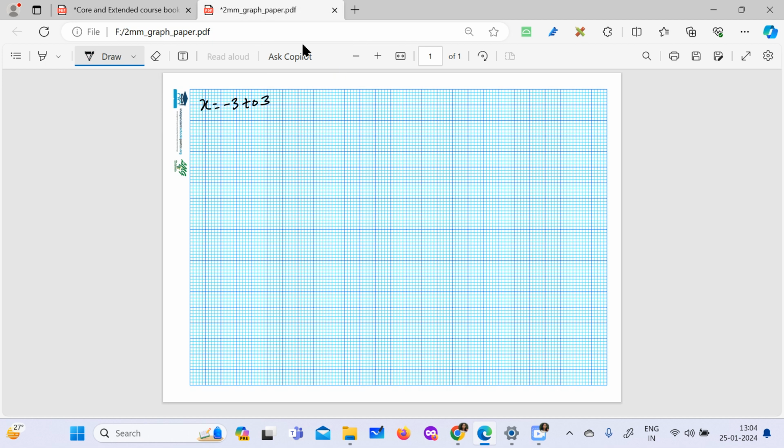Okay, so we'll do this. I will draw the axes like this.